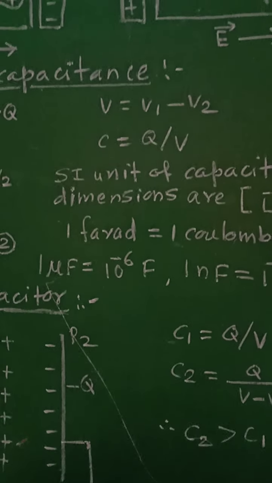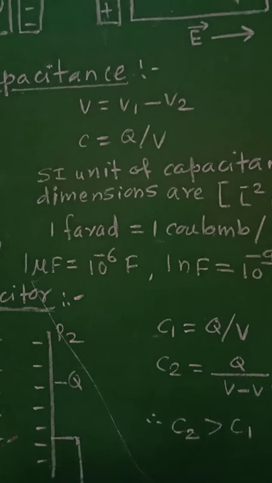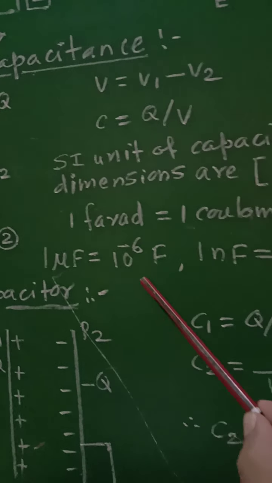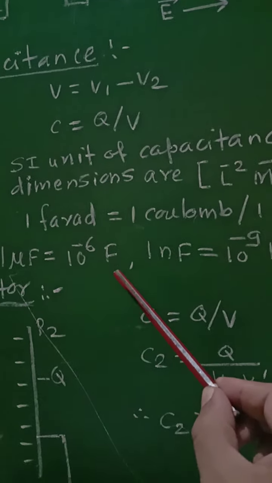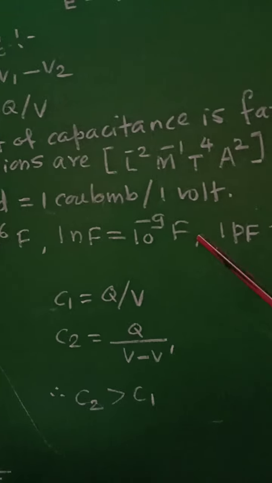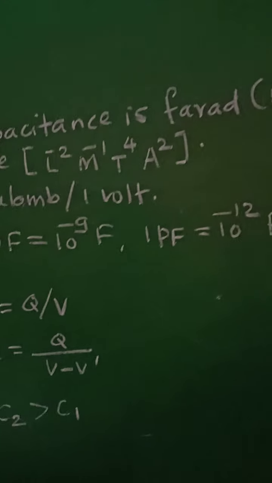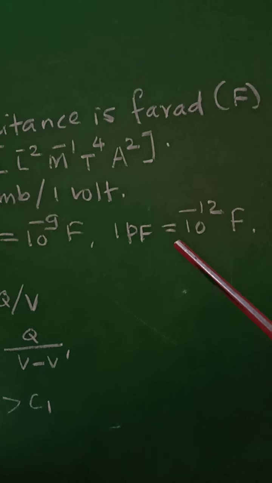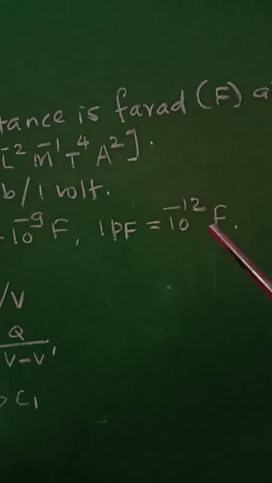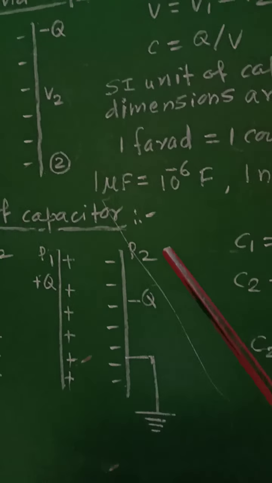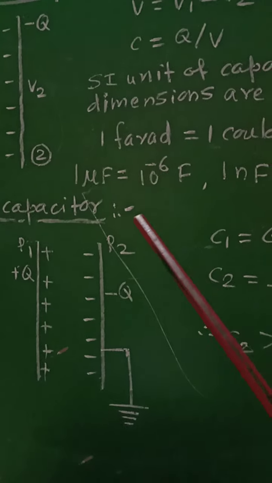Now, other smaller units for the measurement of capacity are given as 1 microfarad equal to 10 raised to minus 6 farad, 1 nanofarad equal to 10 raised to minus 9 farad, and 1 picofarad equal to 10 raised to minus 12 farad. So these are the smaller units for the measurement of capacity.